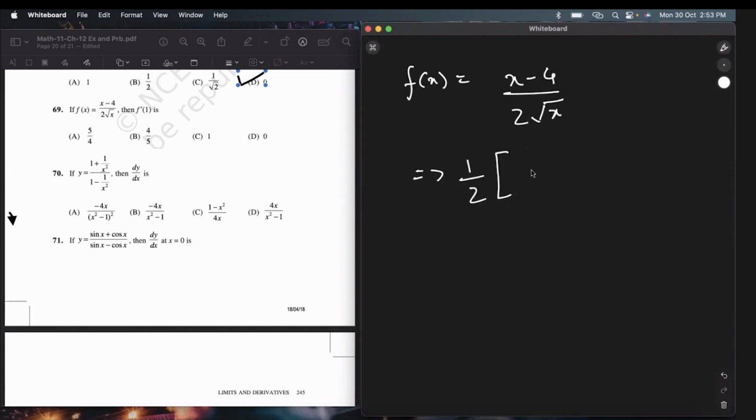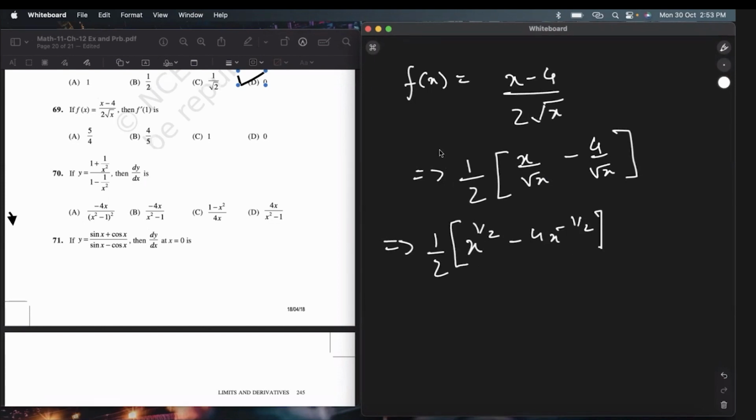Like x minus 4 and under root x is there, so I can just open it up like this. Yeah, simple. And further, I can write this as x to the power 1 by 2 minus 4 times x to the power minus 1 by 2. All right. You can see the resemblance from the question that we had done previously.